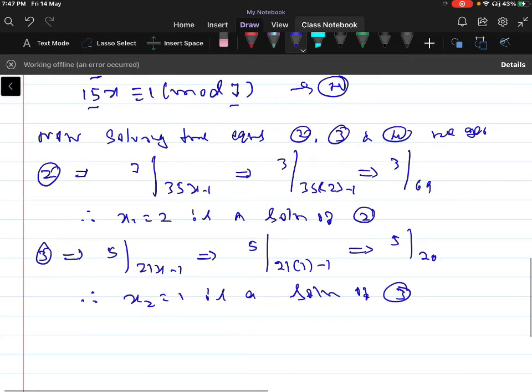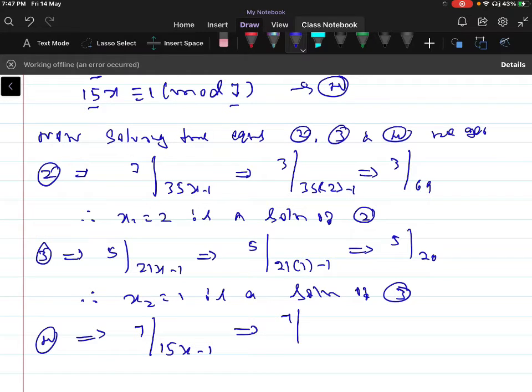From 4, this implies 7 divides 15x minus 1, so this implies 7 divides 15 into 1 minus 1, this implies 7 divides 14. Therefore x3 is equal to 1 is a solution of 4.